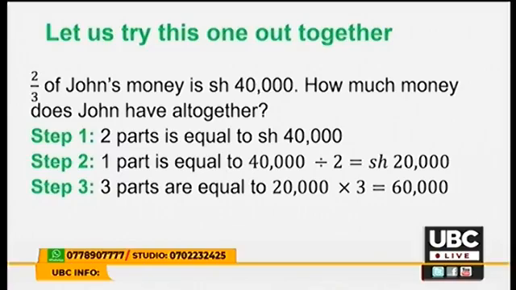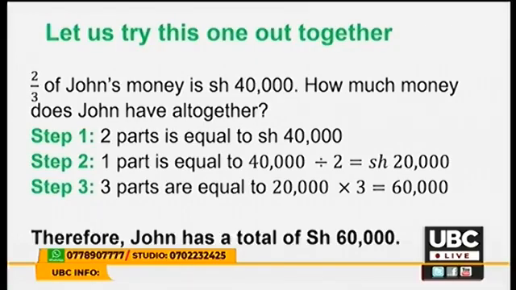So 3 parts will equal to 20,000 shillings times 3 to finally give us 60,000 shillings. So we conclude and say, therefore John has a total of 60,000 shillings.